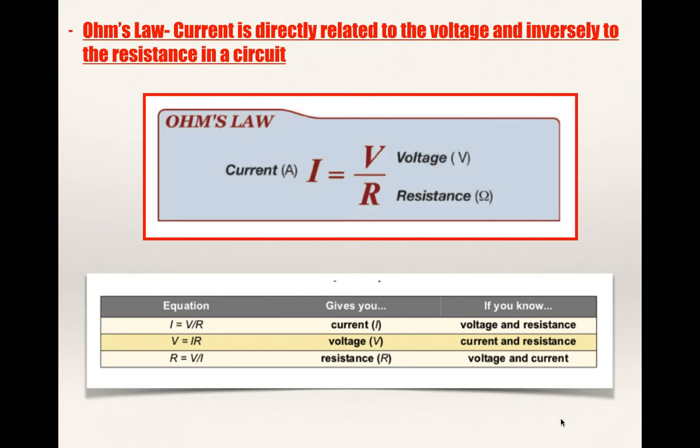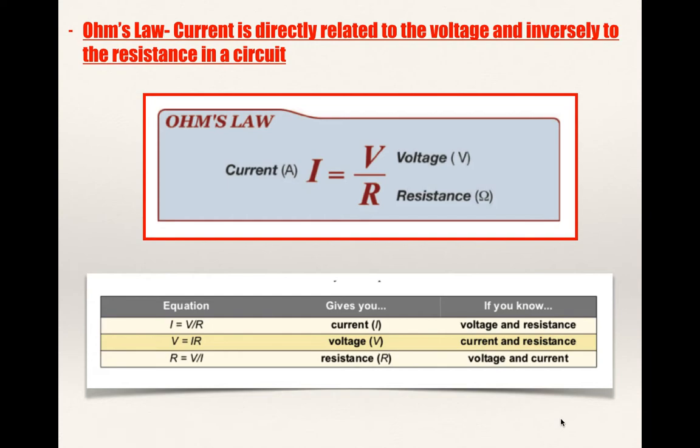Probably one of the most important laws in electricity, anytime we're dealing with electricity, is Ohm's law. Ohm's law simply states that current is directly related to the voltage. When we say directly related, you've got to remember what that means. If one thing goes up, the other thing is going to go up.